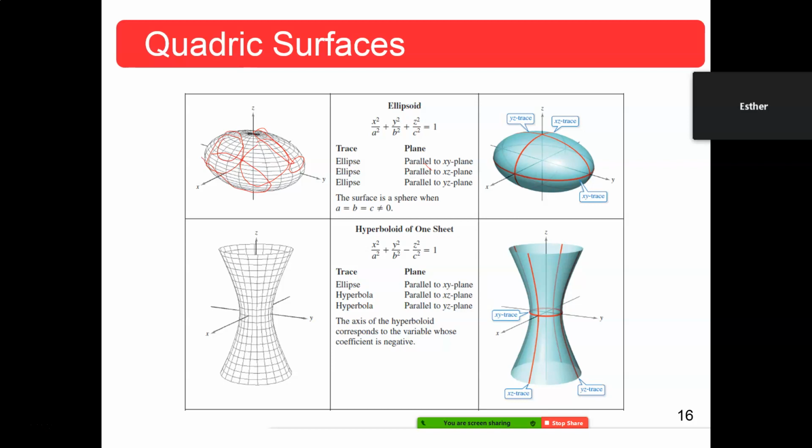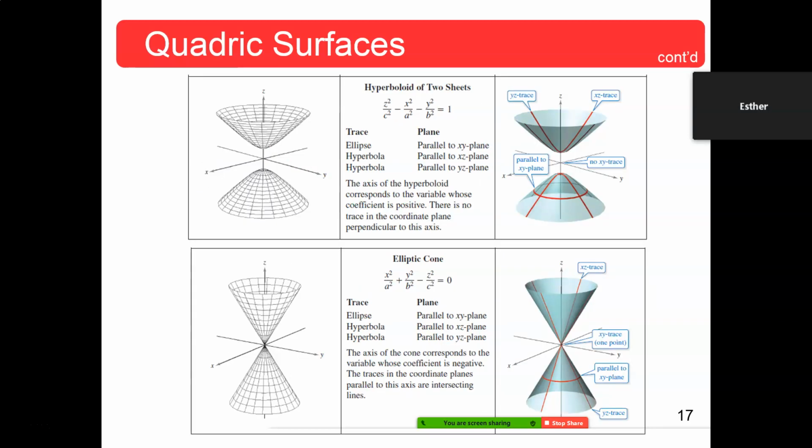Now, next we're going to go to a hyperboloid of two sheets. Notice what's happened there. You have a separation between the sheets. And what's the difference here? You have two minuses. In this case, the one that's the plus, that's your axis. The two that are minuses, those are then the ones here. Now, here's a difference.